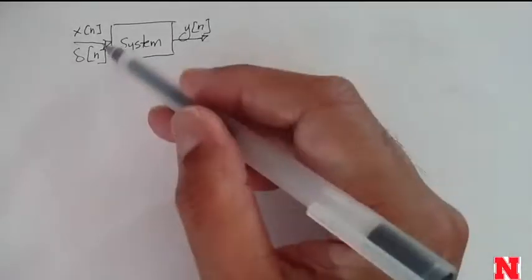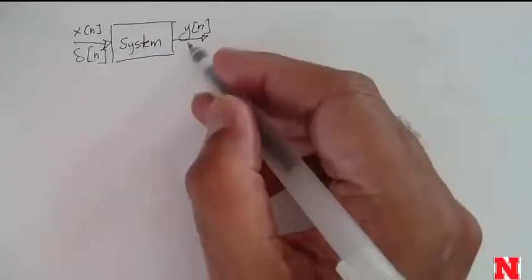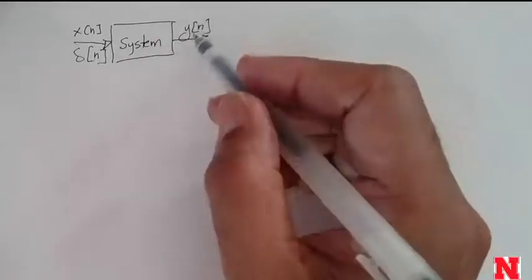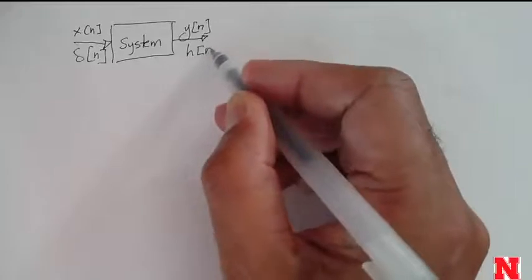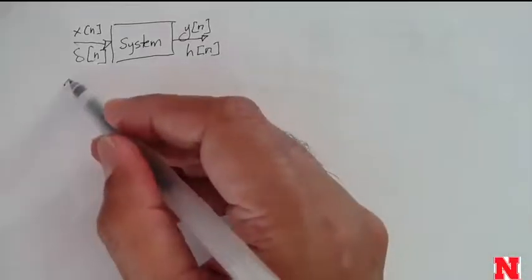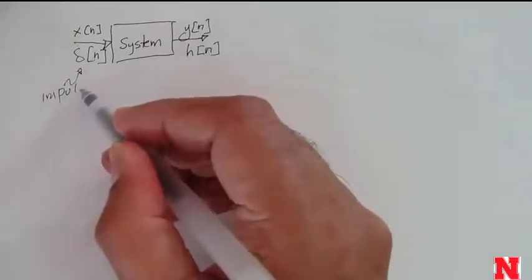So we have an input, say, which is an impulse, delta of n. Then the output is the response to that delta of n. And because it's such a special response, we give it a special symbol, and we represent that by h of n. Now this input is an impulse, right?